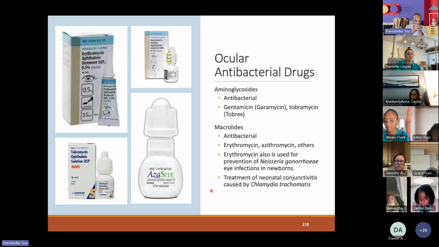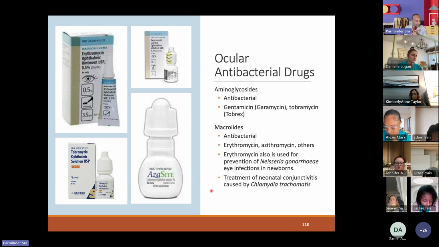Now here, an example of your antibiotics, antibacterial. Your ciprofloxacin, moxifloxacin, these are fluoroquinolones, the broad spectrum. Then there are aminoglycosides, such as your tobramycin, gentamicin.